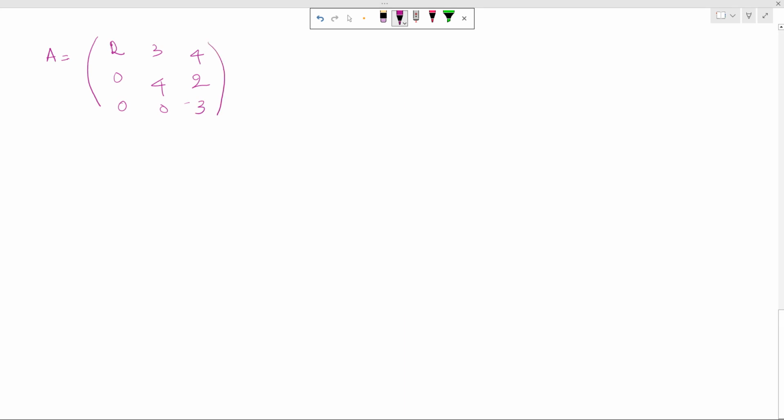Okay, so now I have to find out A inverse, which will be equal to, definitely here the inverse also will be an upper triangular matrix, so 0 0 0, then this will be 1 by 3, this will be 1 by 4, again this will be 1 by 2.